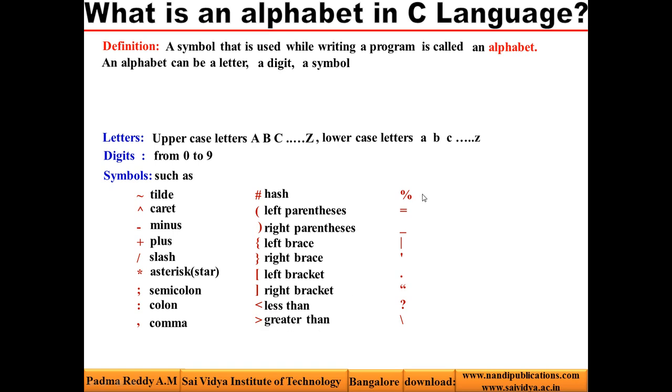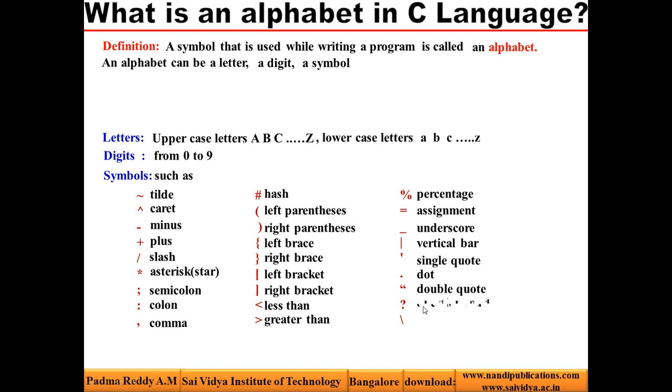We have this symbol as percentage. We call this symbol assignment. This symbol is underscore. This is vertical bar. It is also called pipe symbol. This symbol is single quote. This is dot. And this symbol is double quote. And this symbol is question mark. And this symbol is reverse slash, also called backslash.